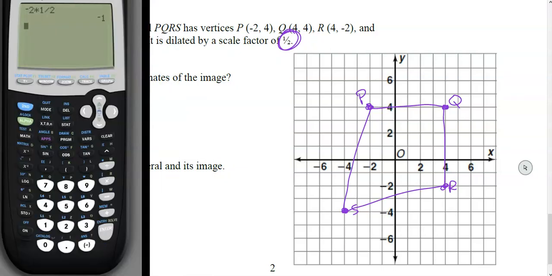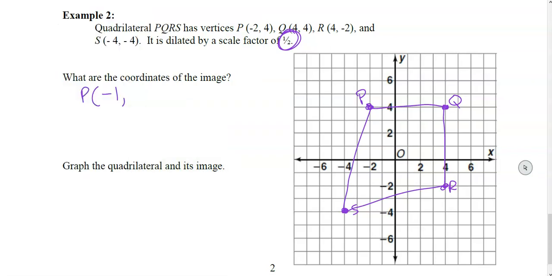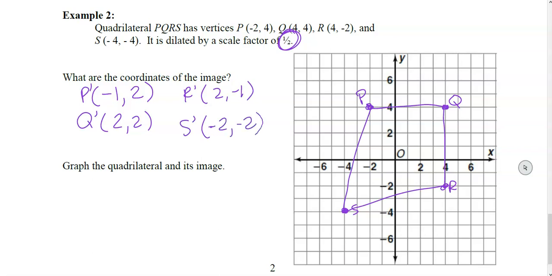So -1. 4 times 1/2, again, I'm going to do one more, 4 times 1/2, 2. So there is my new point. My new Q is 2 and 2. My new R is 2 and -1. My new S is -2 and -2.